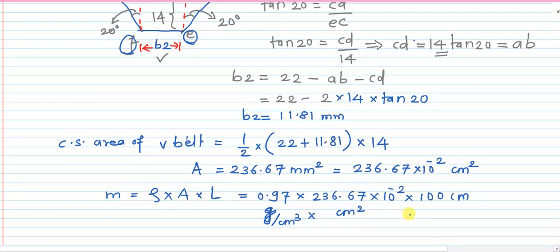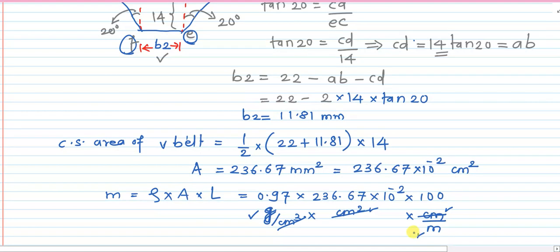The unit of the area is centimeter square, and this is 100 centimeter per meter. When we cancel the related terms, the centimeter square and the 1 centimeter in the numerator create centimeter cube, so centimeter cube in the numerator and in the denominator are absorbed. What remains is gram per meter.